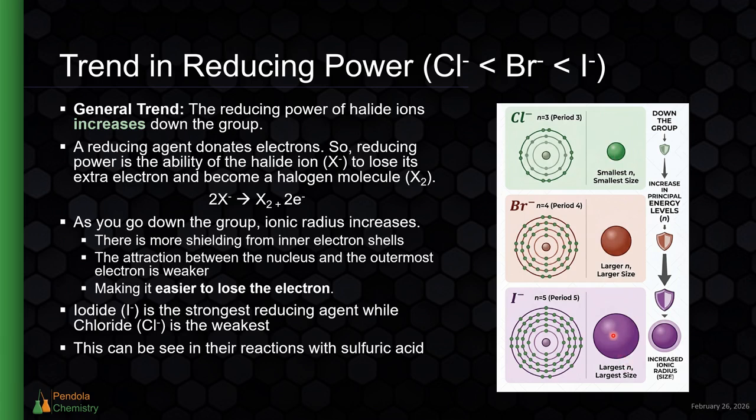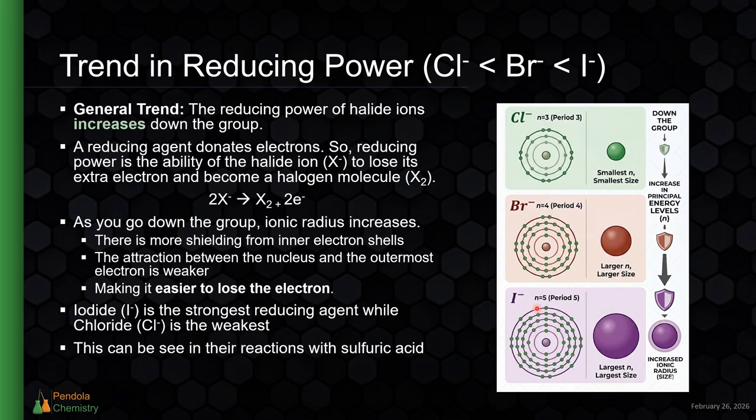So both the distance and the shielding increase as we go down the group. And that makes it easier for that element to lose electrons. So iodine can lose electrons a lot more easily because it's much larger with much more shielding, which is preventing these outer electrons from feeling the full force of that nucleus.